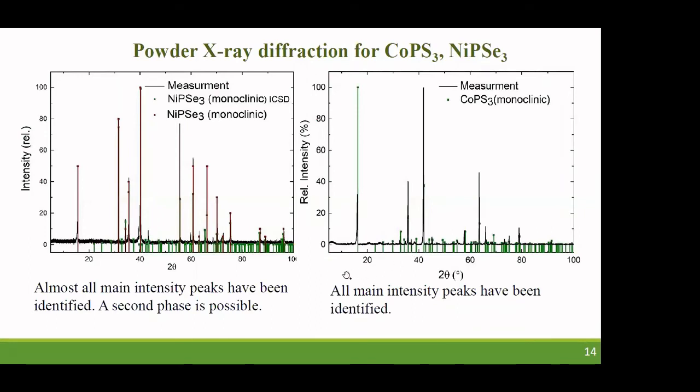So it means that we got not a single-phase sample, but a sample with a secondary or maybe third phase. And here are shown the results for nickel phosphor selenium free. It was more successful than with cobalt, because here every peak of intensity was identified.